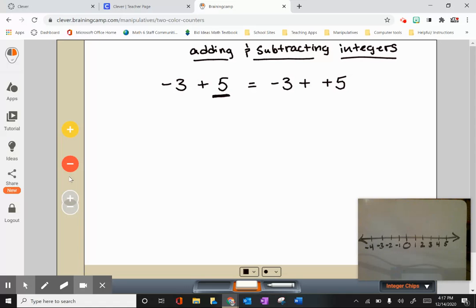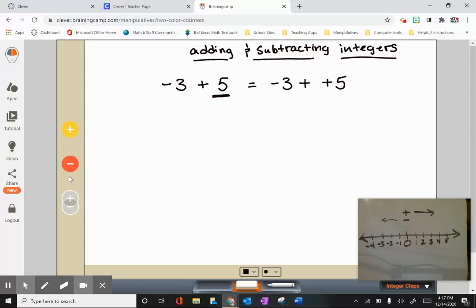Well, I know that when you're adding, you go to the right on the number line. When you subtract numbers, you go to the left on the number line. Draw this a little bit clearer.